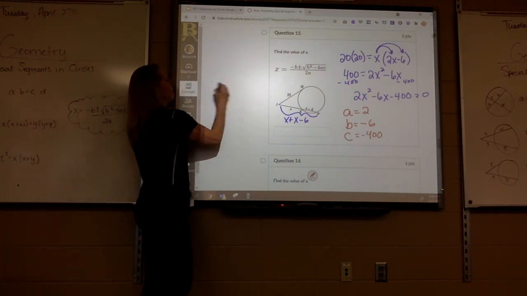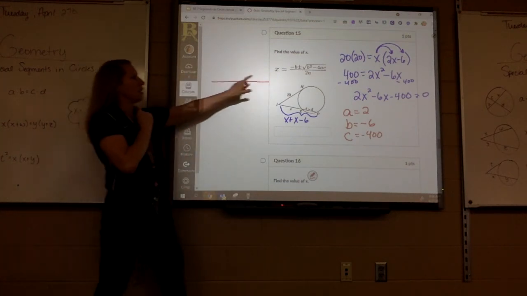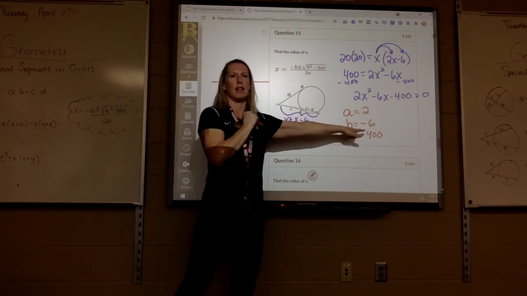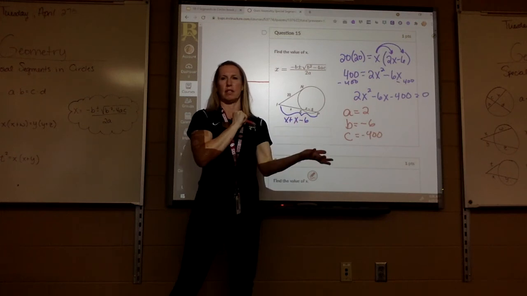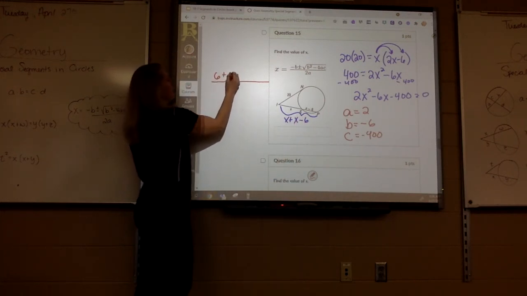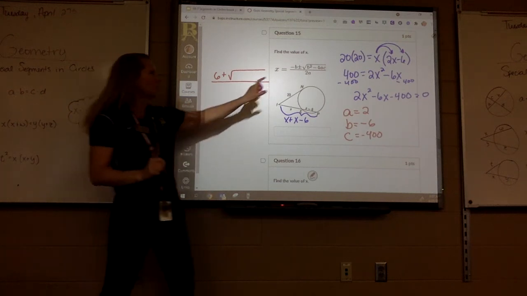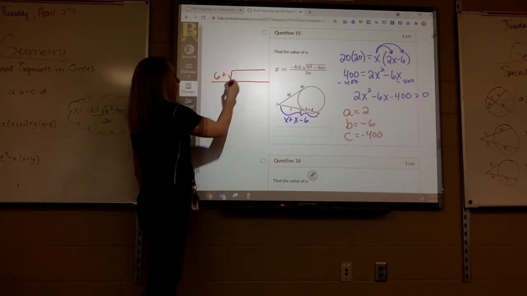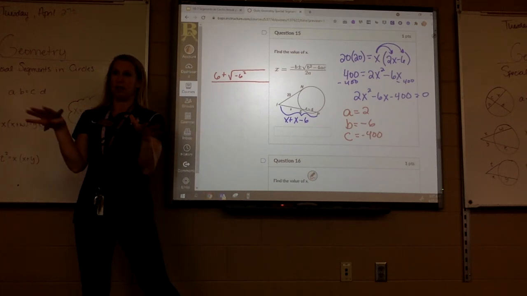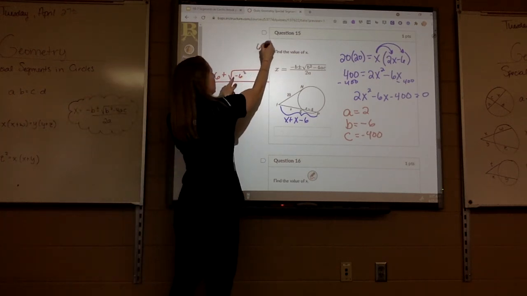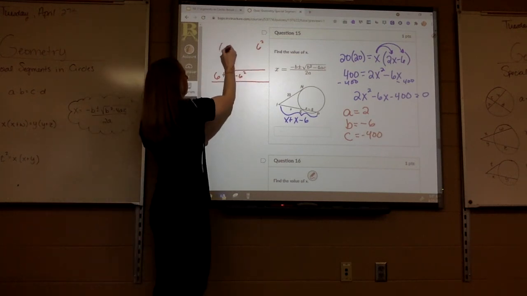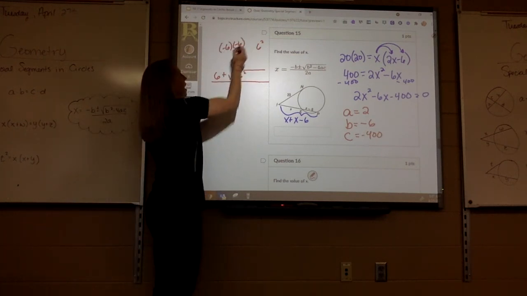So we will have the N over D button. Now do you see how it says negative B? And if b's already negative, what is a negative negative 6? Positive 6. So that's going to have to be positive, but that's not the only thing that's weird. When you do b squared, if you just type in negative 6 squared in your calculator, you'll get the wrong answer, because it will just do the 6 squared but keep the negative sign. But I want it to do negative 6 times negative 6.